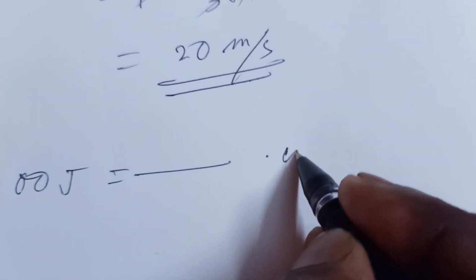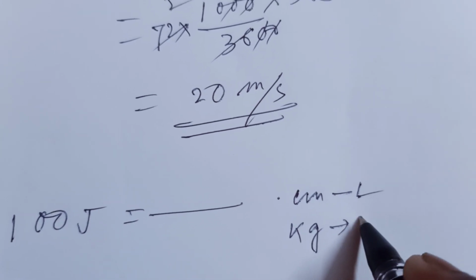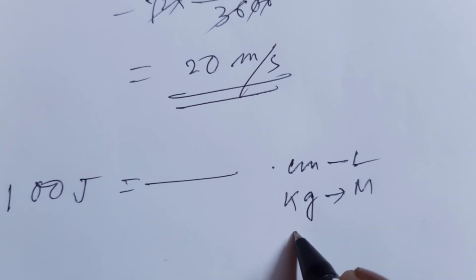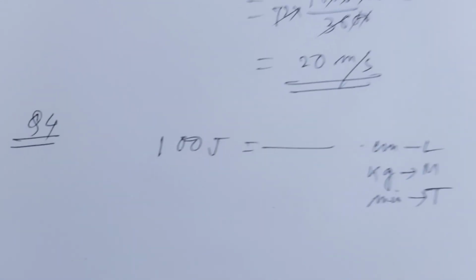So centimeter for length, kg for mass, and minute for time.